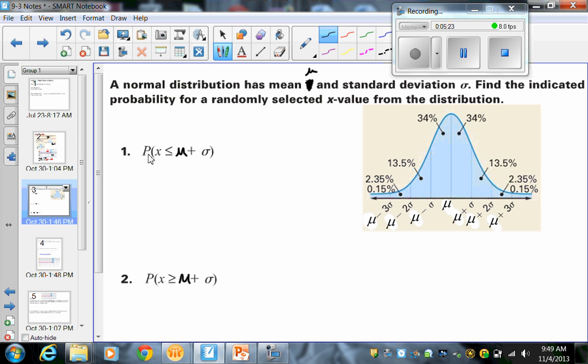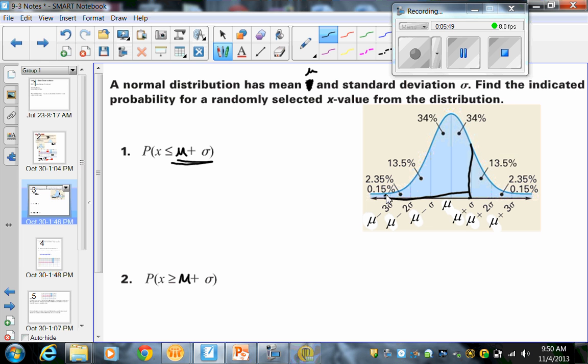So if I want the probability that some number is less than or equal to my mean plus 1 standard deviation, I'm going to go to my bell curve and find the bar that is labeled mu plus 1 standard deviation, which is right here. And then I'm going to add everything, because it's less than, so it's everything to the left.